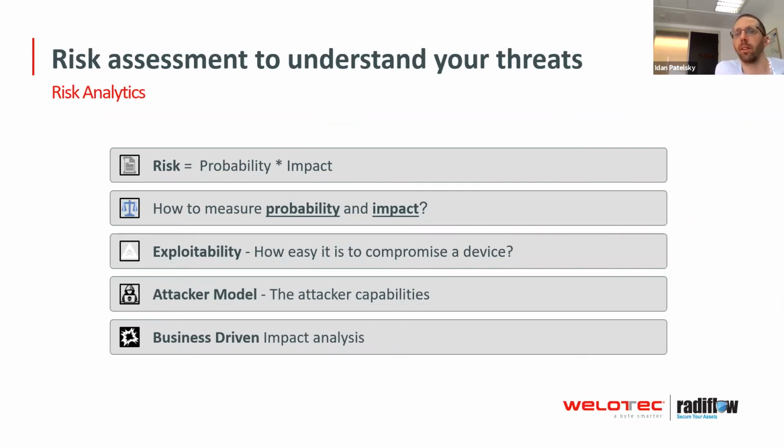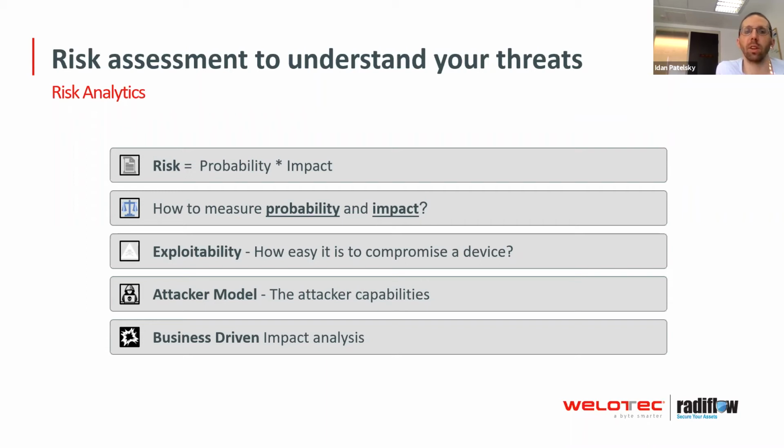So risk is basically multiplying probability with impact. But how do we really measure probability and impact in our substation? So we need to look at a couple of parameters. One of them is what we call exploitability, meaning how easy it is to compromise a device. But it doesn't stop there, because we also need to look at the attacker model.